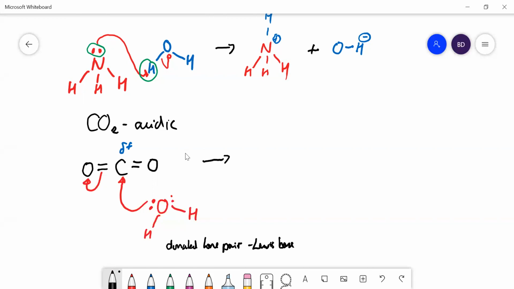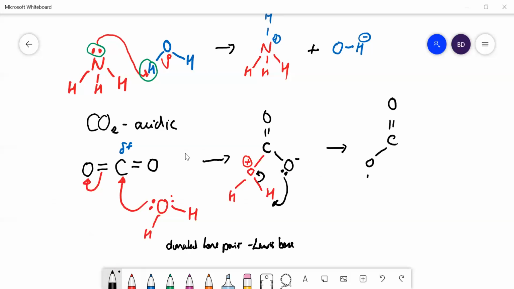Then let's see what happens. You're going to end up with this intermediate. You'll have an oxygen with a positive charge on it, and this is the oxygen with the pi bond broken, which will have a negative charge on it. That lone pair is obviously going to pick up that proton, and that's going to go back into there. So you end up with carbonic acid.